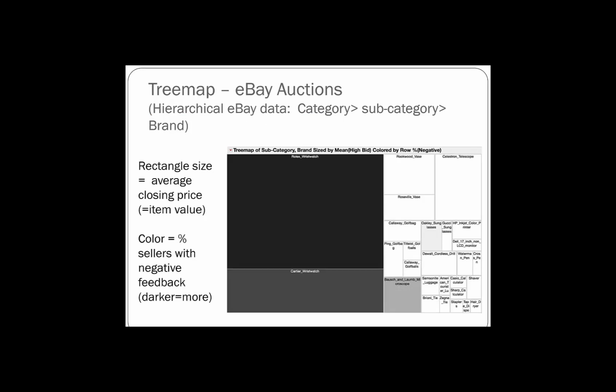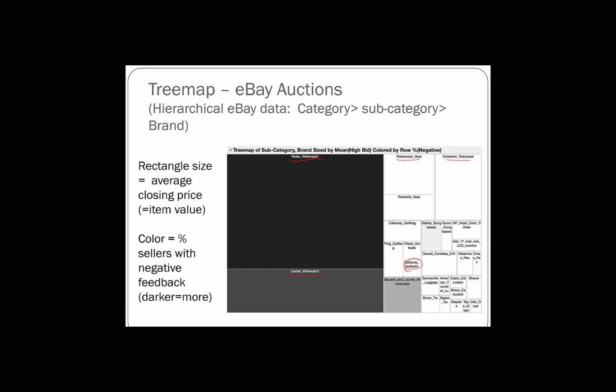Tree maps are very useful. We looked at one in the last video just briefly, but the idea here is you can add multiple measures. Here we've got the size of the rectangle is the average closing price. Looks like we're talking about items sold on eBay. So we've got the Rolex watches, Cartier watches, vases, some sort of telescope, and golf balls, and so forth.